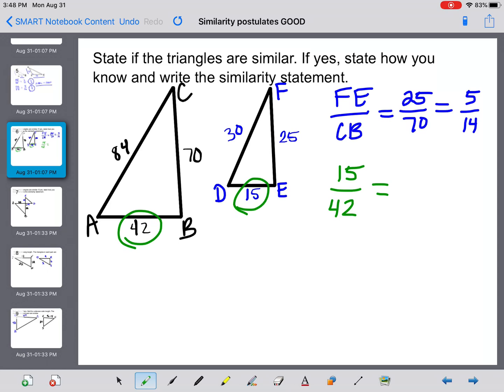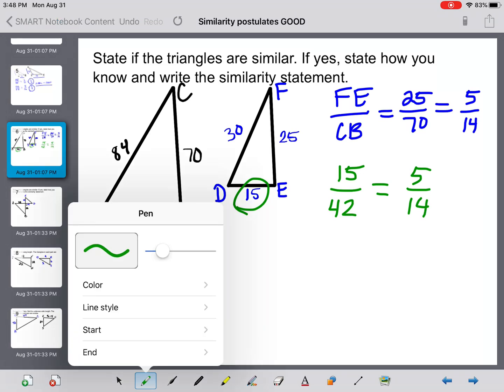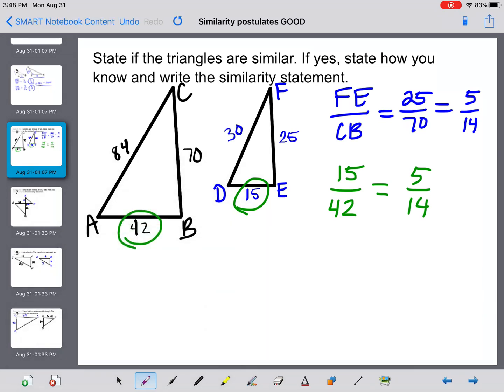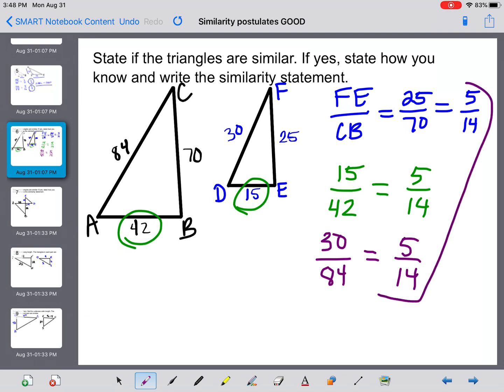We can divide them by 3, and that would give us the 5 over 14. And now we can check the last sides to see 30 over 84. And that leaves us with 5 over 14. So the three corresponding sides of these triangles are proportional.